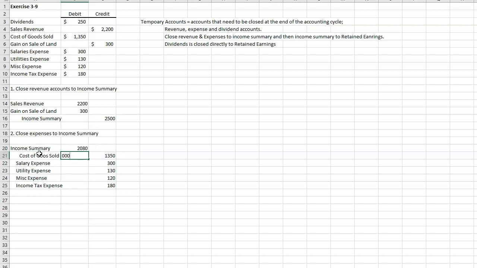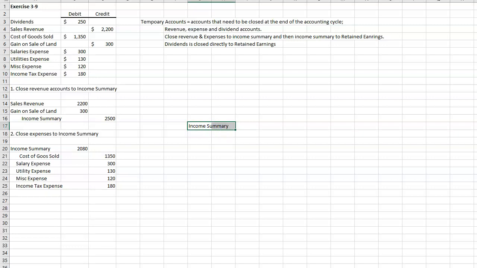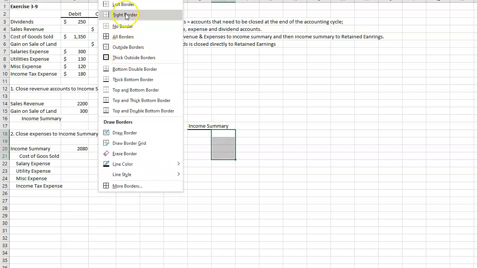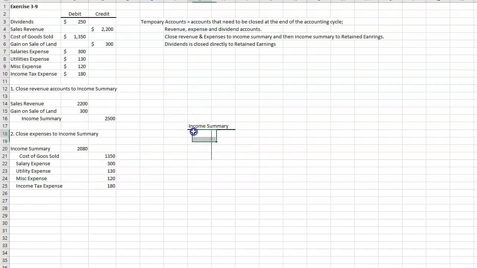Now, remember if you were posting, you're posting all this to the accounts. So if we were to post this to the income summary right now, a little income summary right here. Okay, so the first thing I did was I credited income summary for $2,500, and that represents my revenue. All right, and then I debited for $2,080.